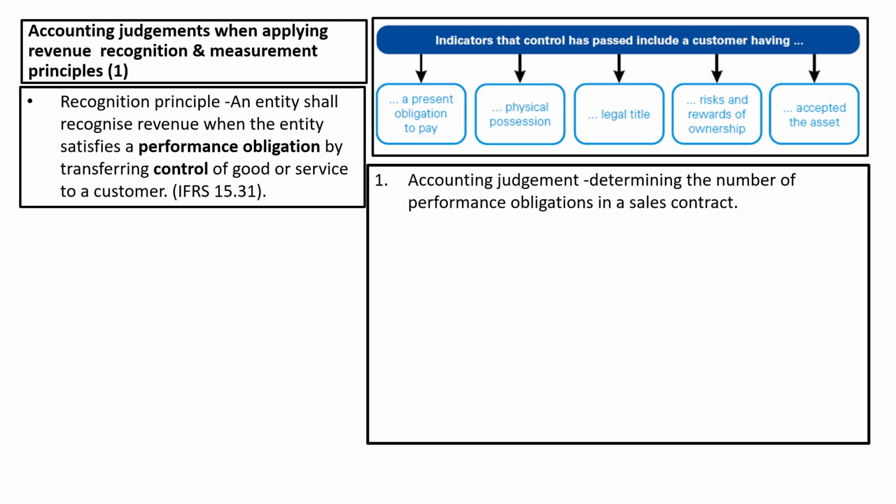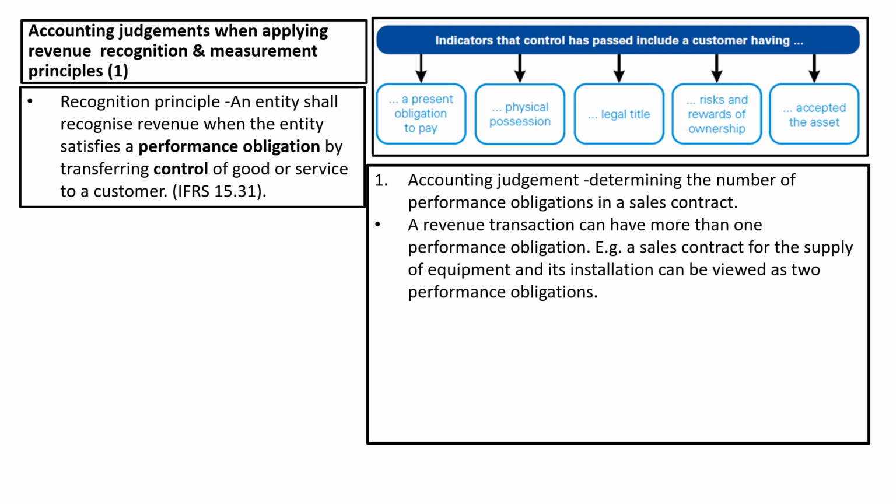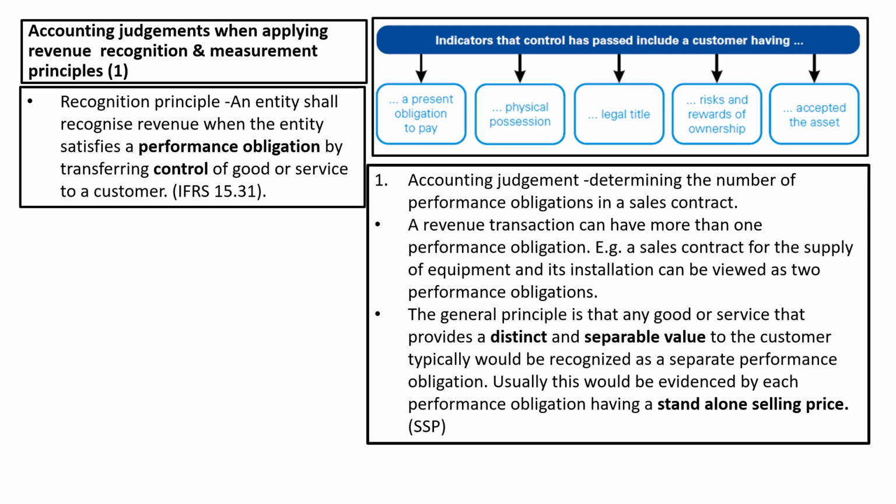Let's look now at the first area of accounting judgment, which is determining the number of performance obligations in a sales contract. A sales contract or revenue transaction can have more than one performance obligation. For example, a sales contract for the supply of equipment and its installation can be viewed as two performance obligations.